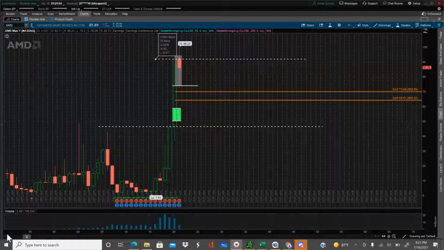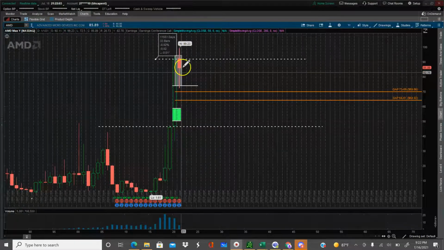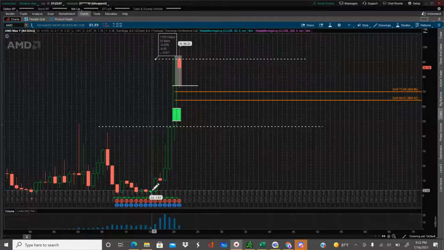But this is the yearly chart on AMD, and as you can see, a nice phase two transition here. I mean, the price went from $1 back in 2015 to nearly $100 at one point this year.